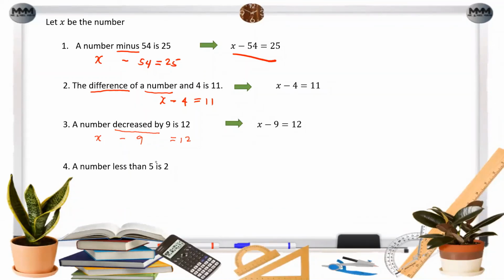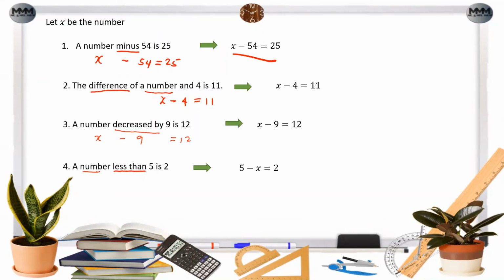A number less than 5 is 2. The answer is 5 minus x is 2. Notice here that we have the phrase less than. As I have said a while ago, if we have the phrase less than, the symbols before and after the phrase will be interchanged.